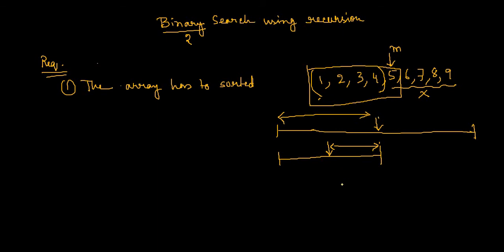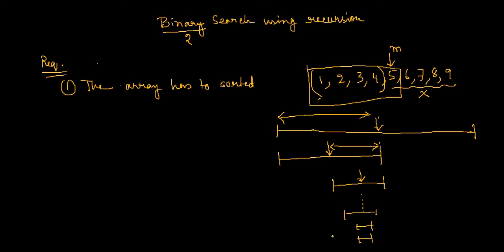So you are minimizing the search space more, and again you find the middle one. In this way, you are minimizing the search space more and more to ultimately get the particular element. Right.